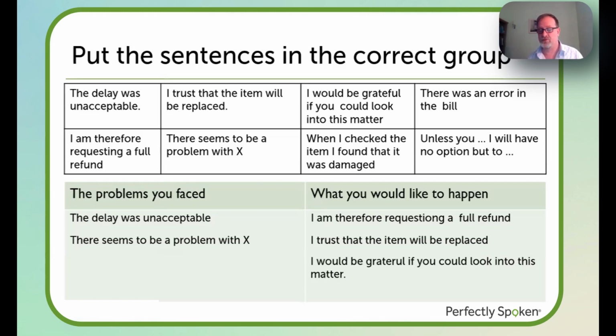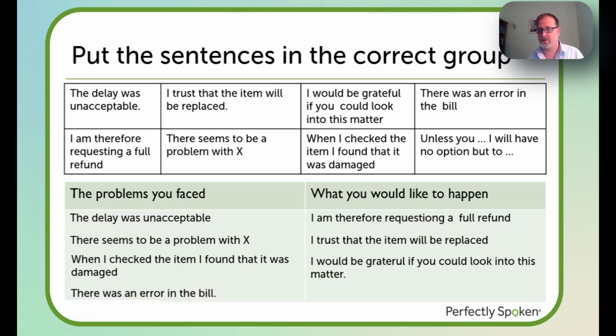I would be grateful if you could look into this matter, if you can investigate what has happened, is what you want them to do. When I checked the item, I found that it was damaged, is a problem that you identified. There was an error in the bill. You charged me too much money, again, is a problem. Unless you do X, I will have no option but to do Y, is saying what you want them to do, unless you do X. Okay.